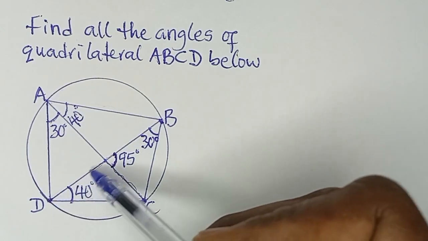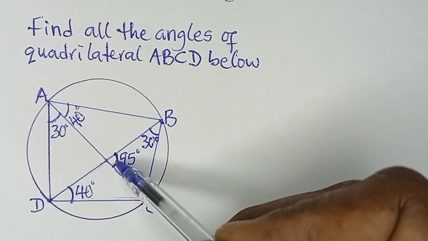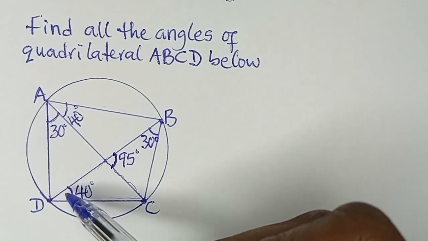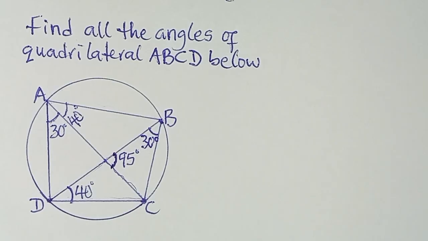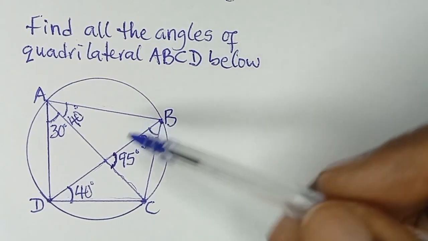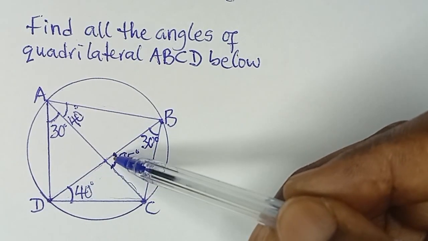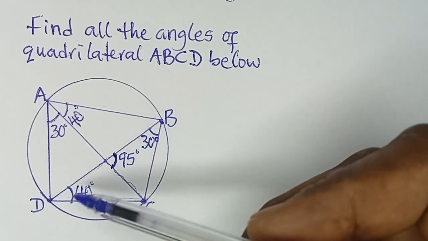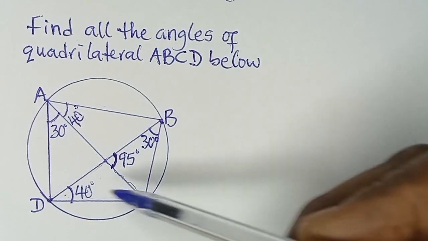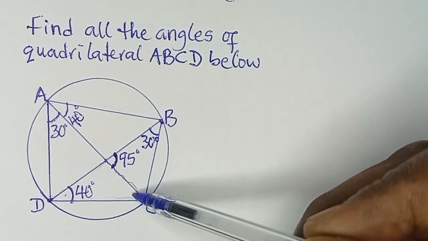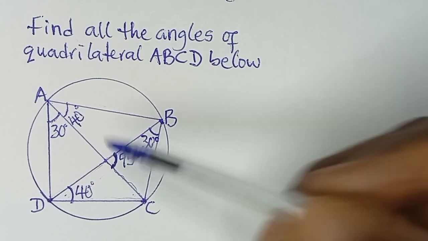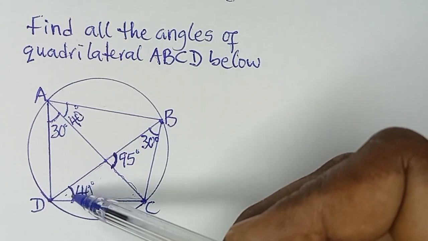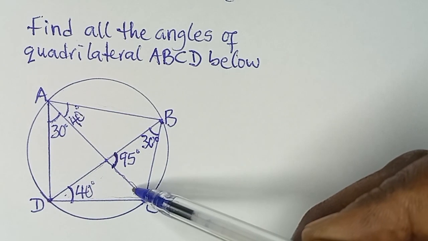We say that the exterior angle is equal to the sum of the two opposite interior angles. So this 95 degrees should be equal to 40 degrees added to this angle here.